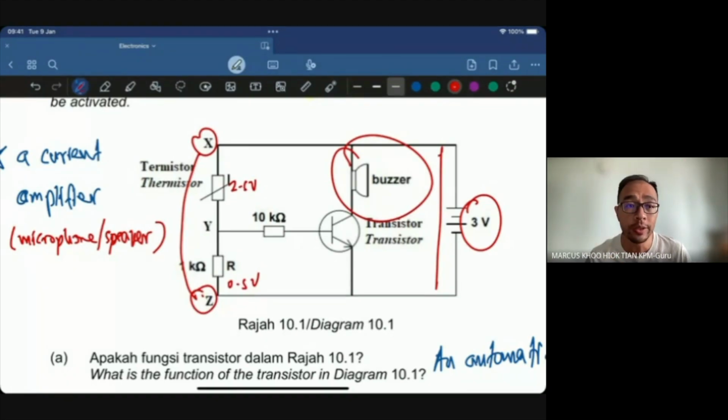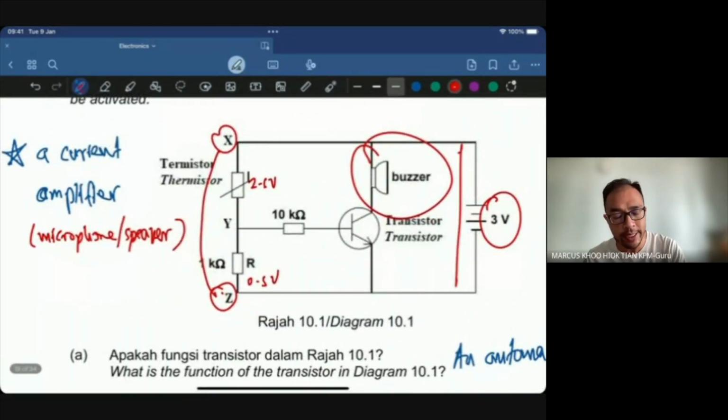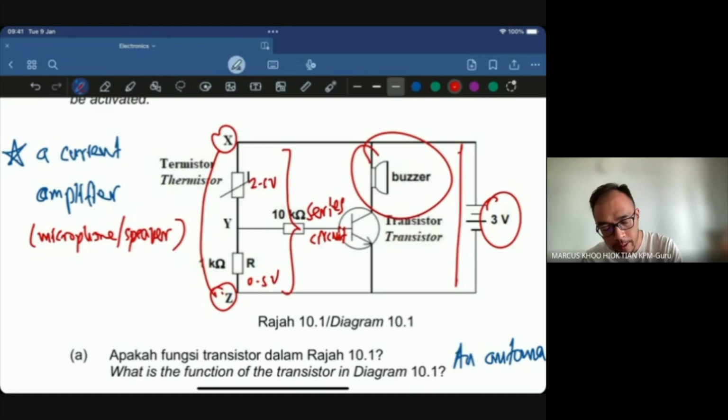Current flow, so this is the hard part. Remember that in Ohm's law, V equals IR. But the problem is, I don't know the resistance of the thermistor. But if you take a look at this, these two form a series circuit. And in a series circuit, the current is the same in each resistor.